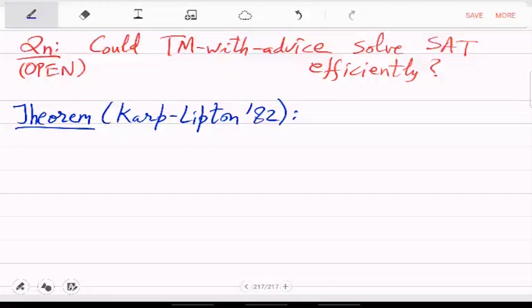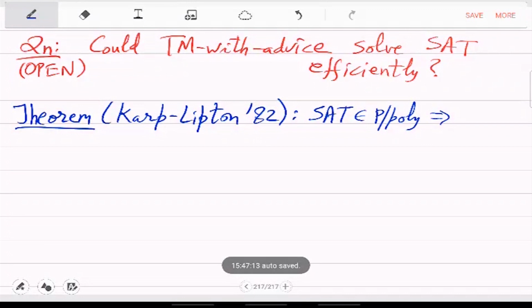It's a classic theorem that says if you can solve SAT by polynomial size circuits, which means also Turing machines with advice in polynomial time and polynomial advice, then PH collapses to the second level. Okay. So, everything in the polynomial hierarchy is equal to sigma 2.